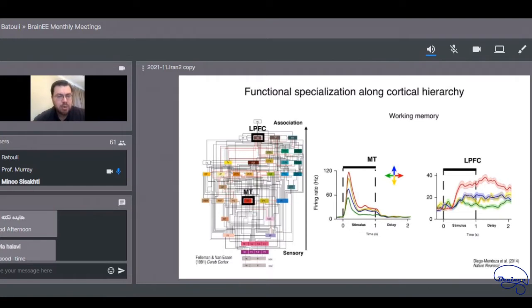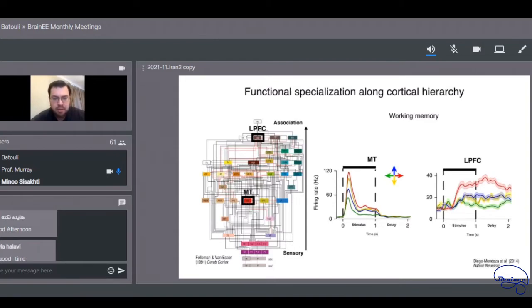It basically represents the stimulus while it's presented and then falls back to baseline firing activity, whereas prefrontal cortex can hold the stimulus identity across the delay in this selective persistent activity. And our computational models of this do so by having the local circuitry be different. That prefrontal cortical circuit can have stronger recurrent connectivity, which then supports the persistence and reverberation of the signal in a way that a sensory area cannot do.